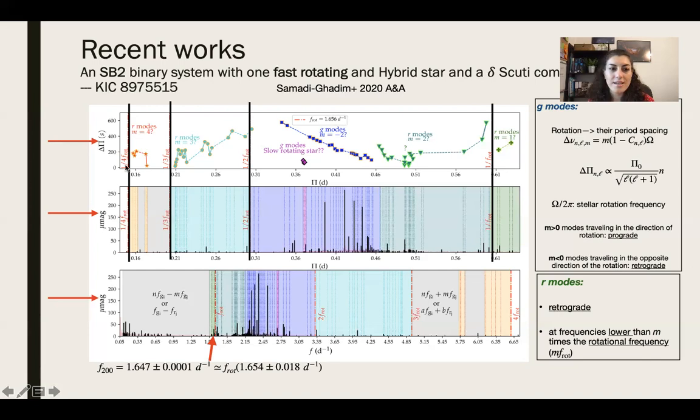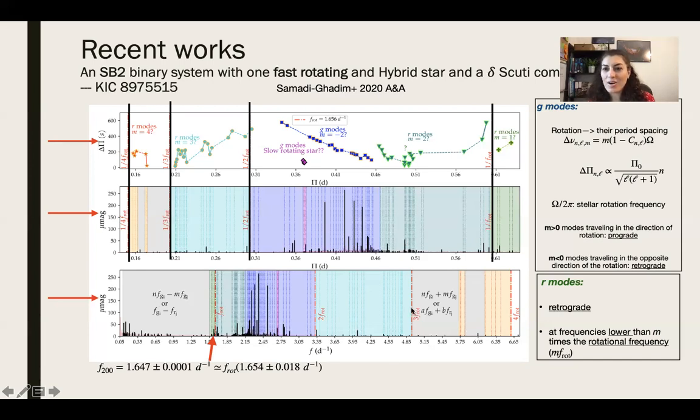As you can see here, I'm showing 4 times the rotational frequency, 3 times the rotational frequency, and so on, but just in the period regime. So I detected this series of modes, both g modes and p modes, and I could decode all of these frequencies one by one in the g mode region.